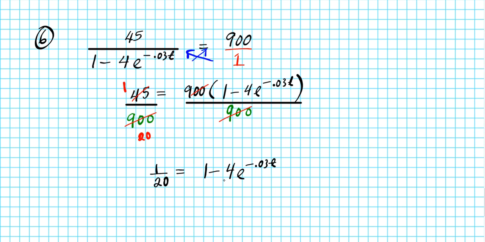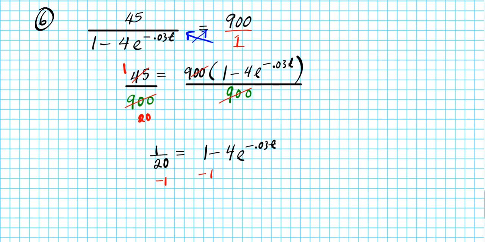Next, to get this exponential term isolated, we need to get rid of the 1, so we'll subtract 1 from both sides of the equation. We have 1 over 20 minus 1. If we find the LCD, 1 is 20 over 20, equals negative 4e to the negative 0.03t.